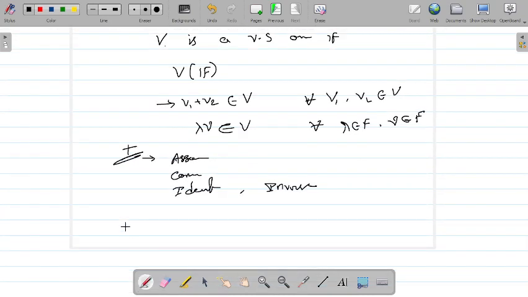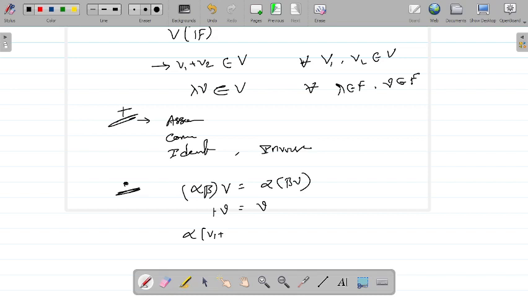And with respect to the scalar multiplication, we look for properties like alpha into beta into v must be the same as alpha beta times v, and 1 into v must be the same as v, and distributive properties, that is alpha into v1 plus v2 must be the same as alpha v1 plus alpha v2. Since we have discussed this earlier, I'm not writing everything clearly here.